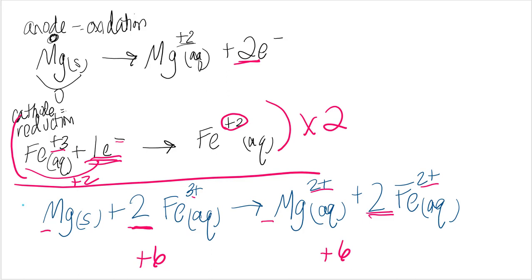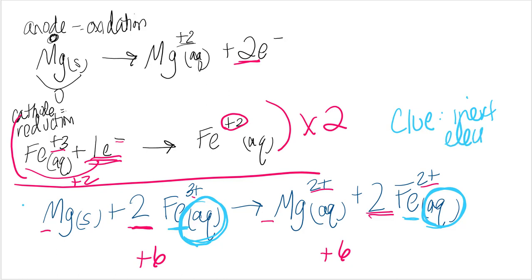Also, when we're looking at our reduction, when I have an aqueous Fe3+, and over here I have my Fe2+, when I have two aqueous states, that's a clue that we're going to use an inert electrode. There's no way that you can hook an alligator clip to complete a circuit with two aqueous solutions.